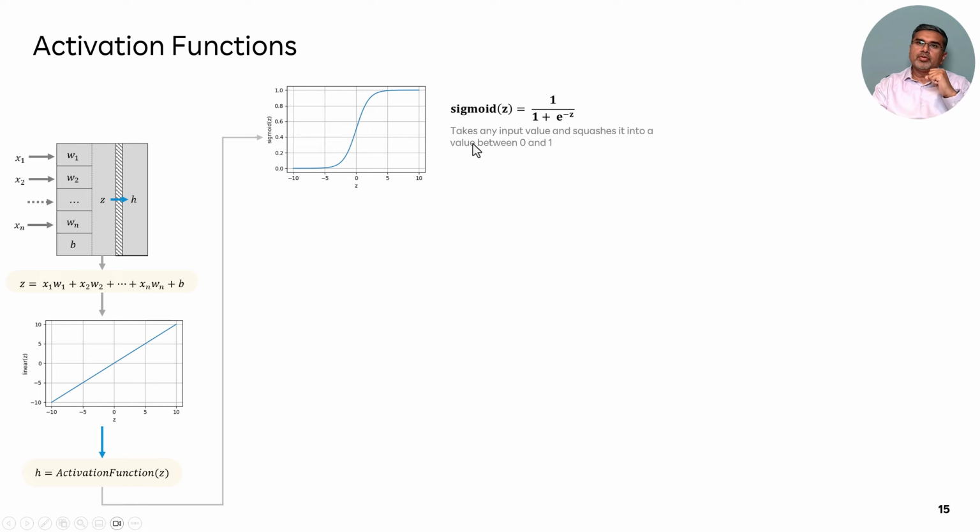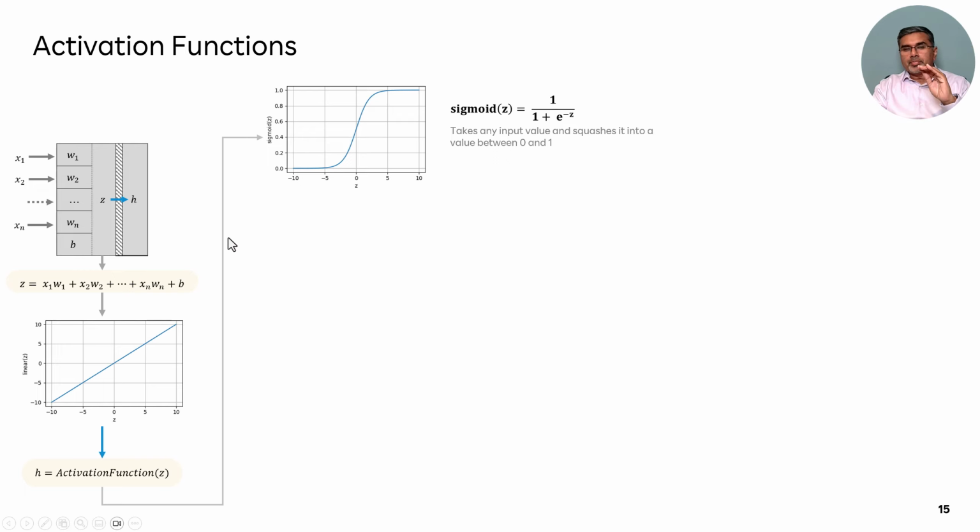One very popular activation function is called the sigmoid activation function. Now we looked at sigmoid as an output function when I showed you in episode 2 the binary classification problem or the multi-label classification problem. What a sigmoid does, as a quick recap, is regardless of what value you pass to sigmoid, whether the value is negative infinity or positive infinity, negative 10, positive 10, negative 3, positive 5, it does not matter.